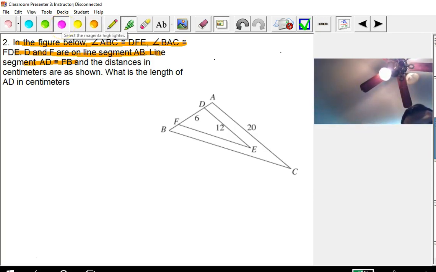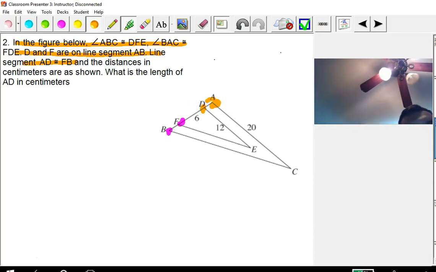Angle ABC, this angle right here, 2, is equal to DFE. So these two are the same. And then BAC, this one, and FDE are the same.